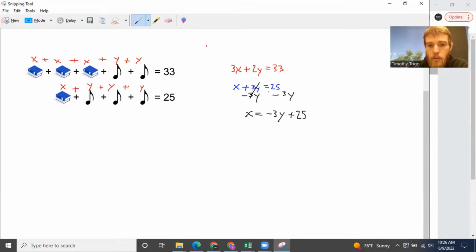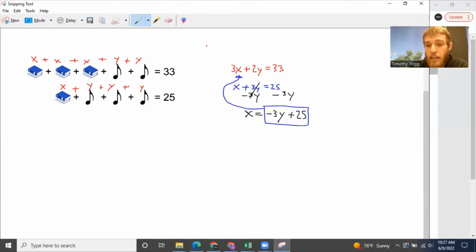Hopefully you can see how we got this blue equation changed to this black equation. It's really the same thing.